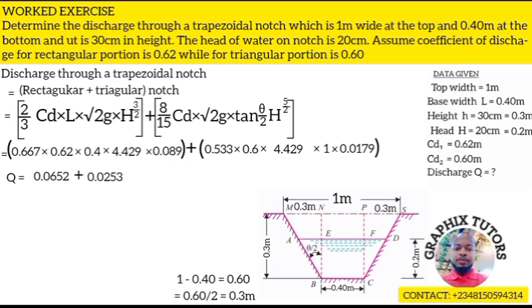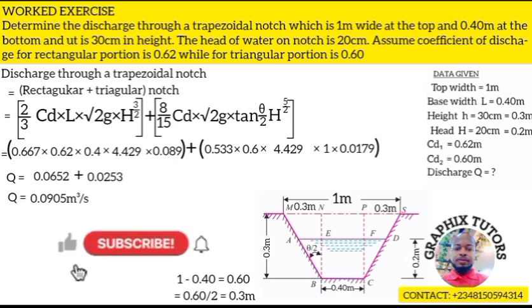So when you add the two together, my discharge in a trapezoidal notch will be 0.0905 meter cube per second. So this is the discharge through a trapezoidal notch.